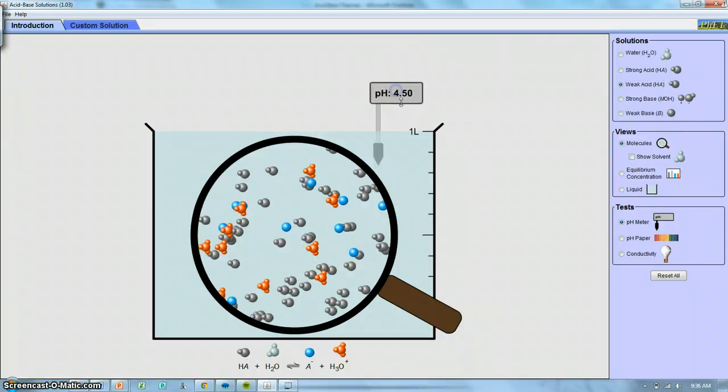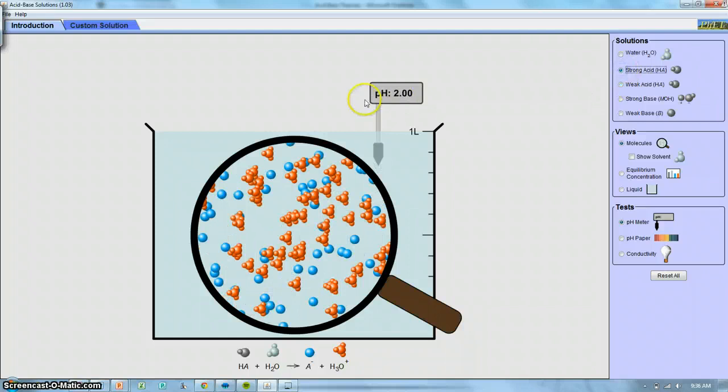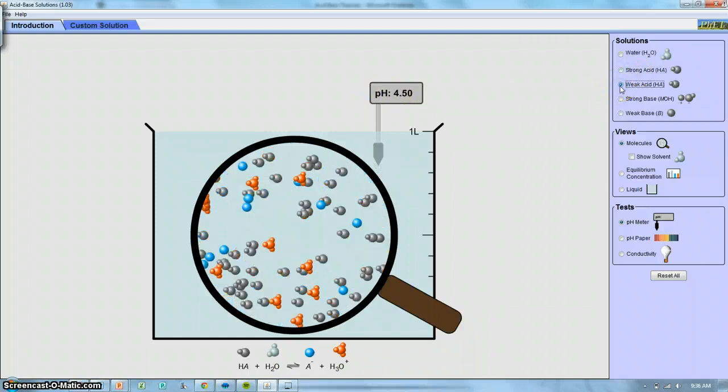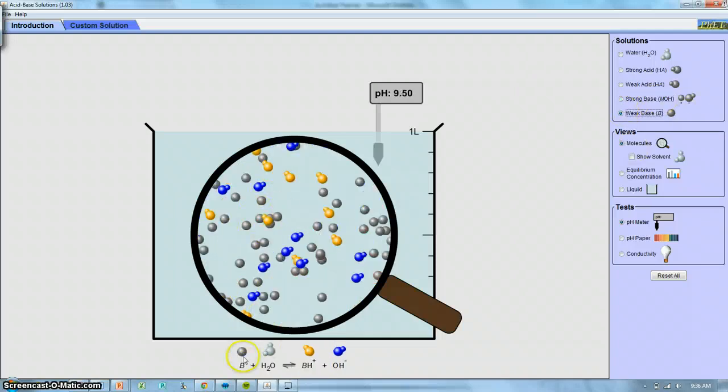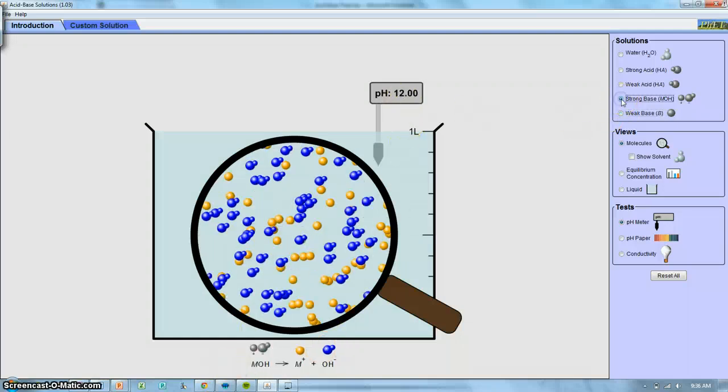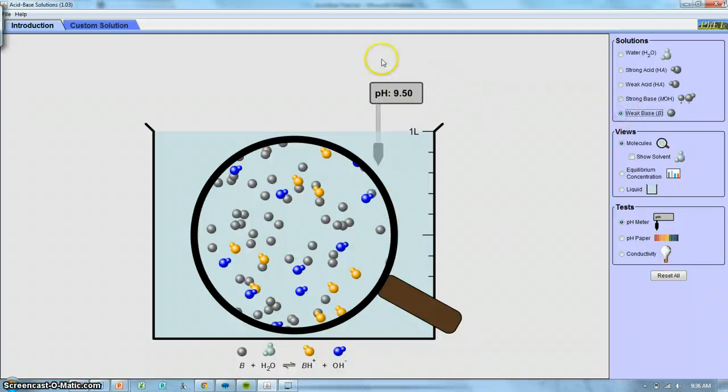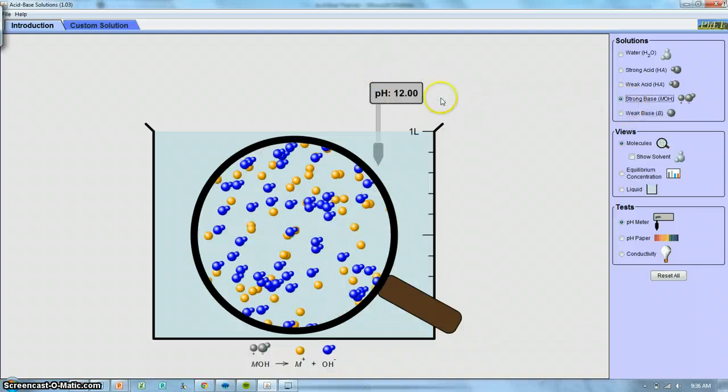And the pH you can see is a little bit higher, whereas with a strong acid it's much lower. Strong base, similarly, you get almost total dissociation into the two ions, where in a weak base you're left with a lot of the base and a lot less of the two ions. And again, pH is a little bit lower. So the more basic something is, the stronger the base, the higher the pH.